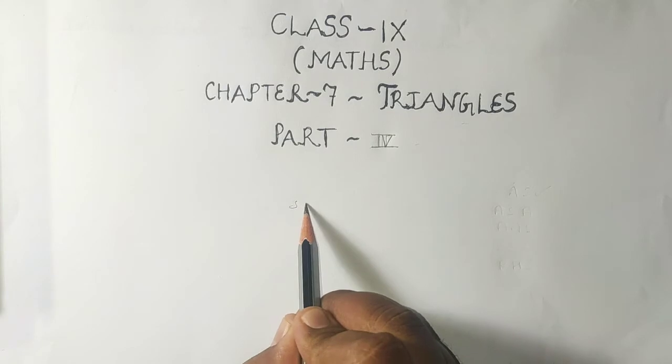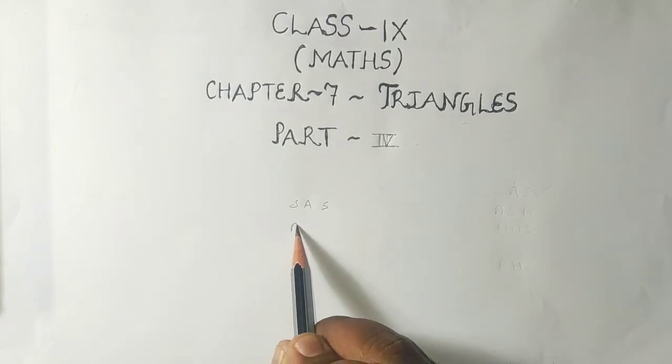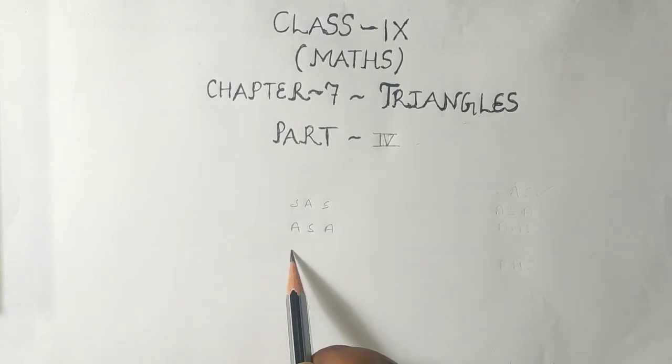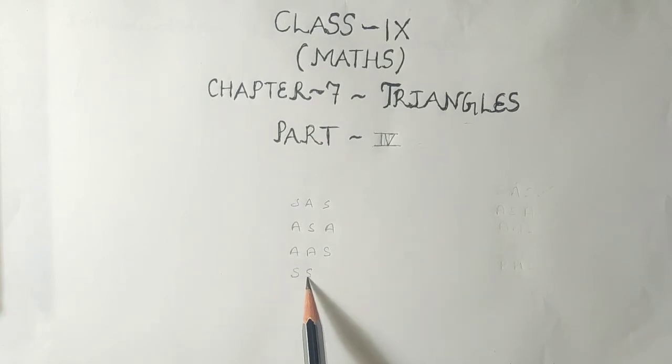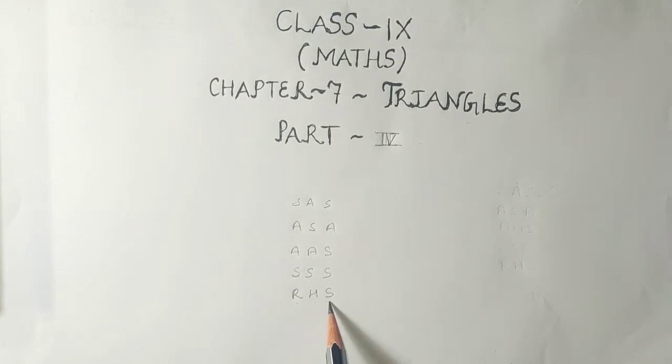The first one is side angle side. We have studied it in part 2. Angle side angle, we have studied it in part 3. And angle angle side, this also we have studied in part 3. Two more criteria are there: one is side side side, and the last one is right angle hypotenuse side.